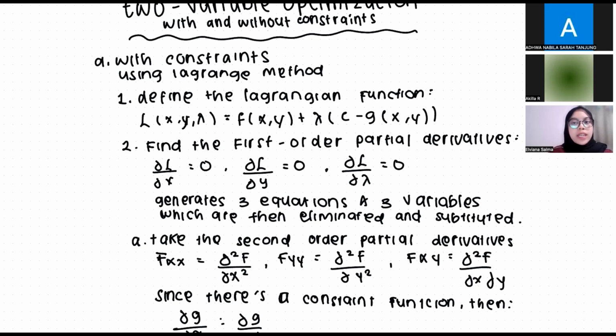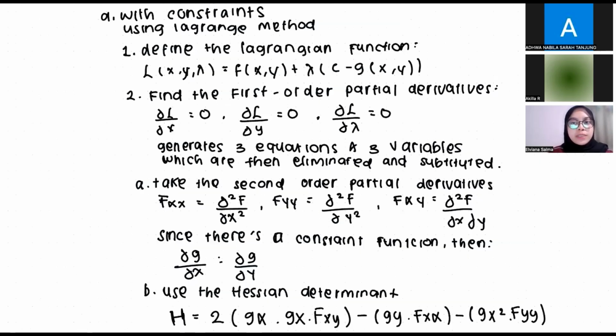Step 2, take the first order partial derivative of L with respect to x, y, and lambda and set them all equal to 0. So we write partial L over partial x equals 0, and so on. This gives us three equations with three variables x, y, and lambda, which are then eliminated and substituted.